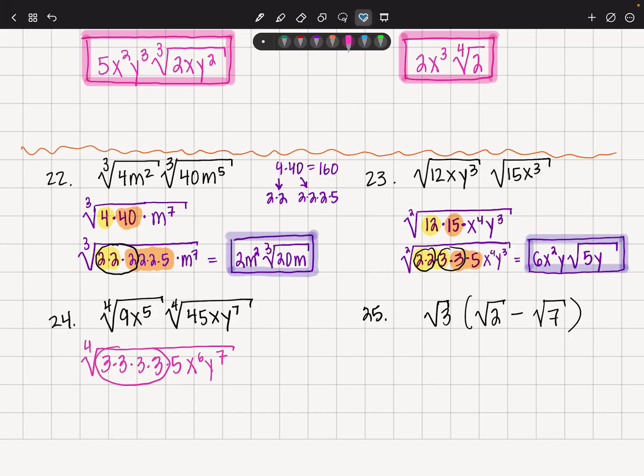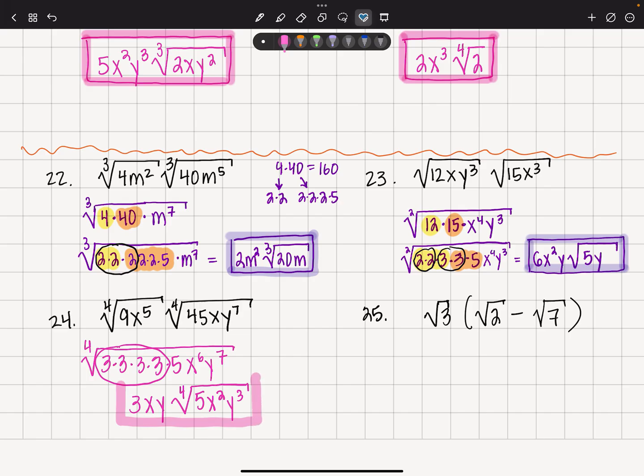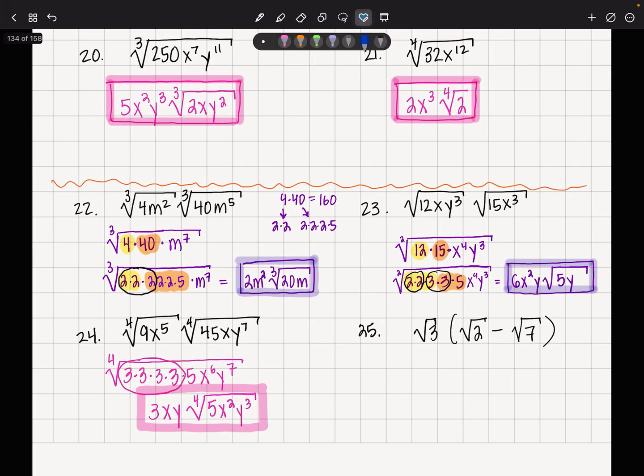I'm looking for groups of 4, so we have a 3 on the outside, an x and a y on the outside, a 4th root, a 5 left over, an x squared left over, and a y cubed left over. And that's our answer.